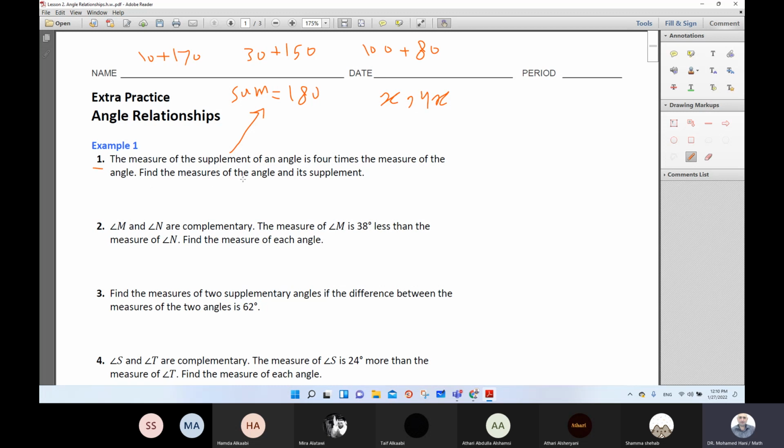Find the measures of the angle and its supplement. So the two angles here are supplements, meaning the sum of them, x plus 4x, equals 180. Add the like terms here, x plus 4x will be 5x equals 180.